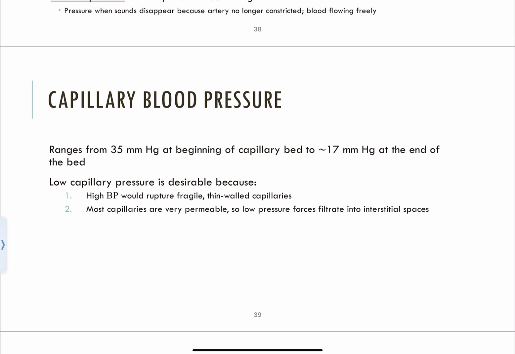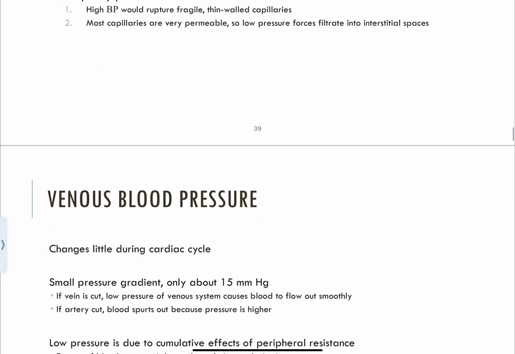So if we had too high of a blood pressure entering these capillary beds, it would rupture our capillaries because they're so thin. Most capillaries, like we talked about before, are permeable because they have those pores or fenestrations. So the low pressure forces the filtrate into the interstitial fluid, which is exactly what we wanted to do.